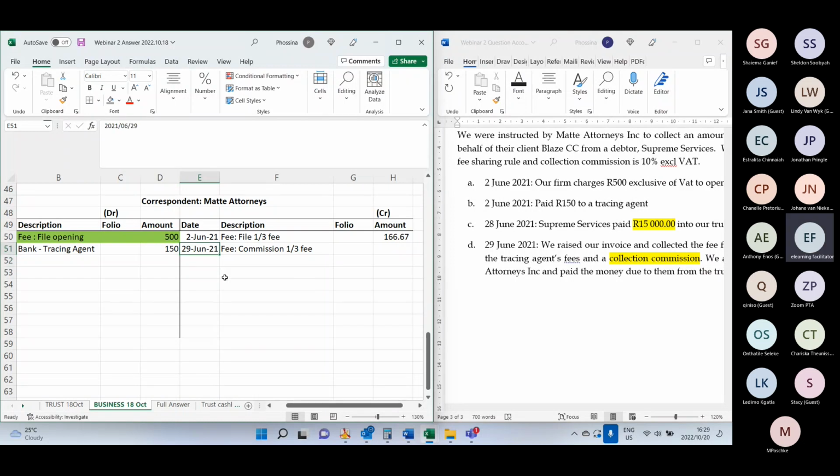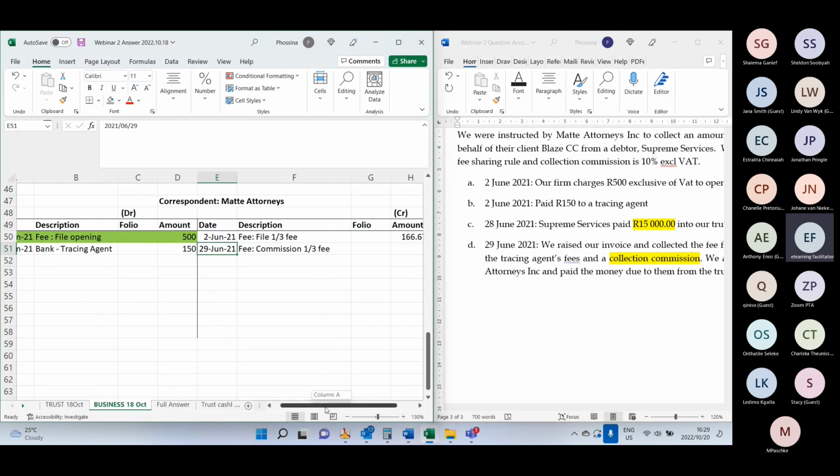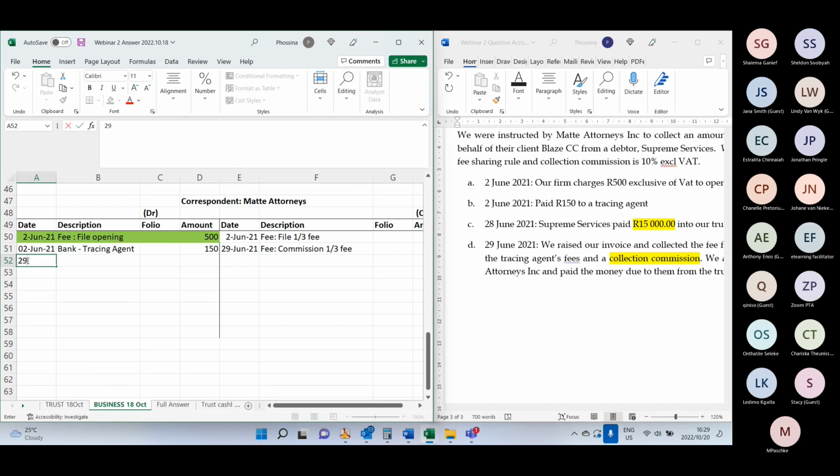Let us start with the full amount. 29 June 2021.